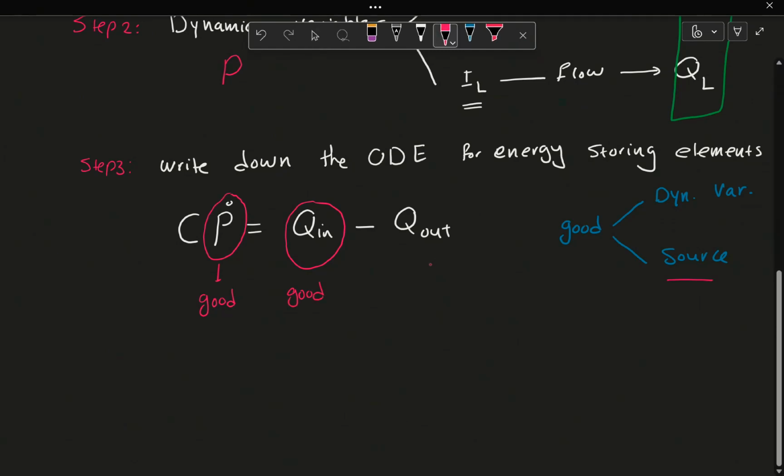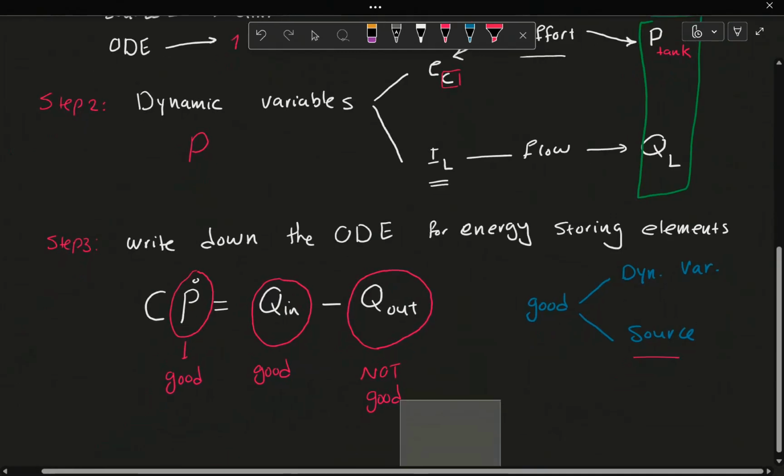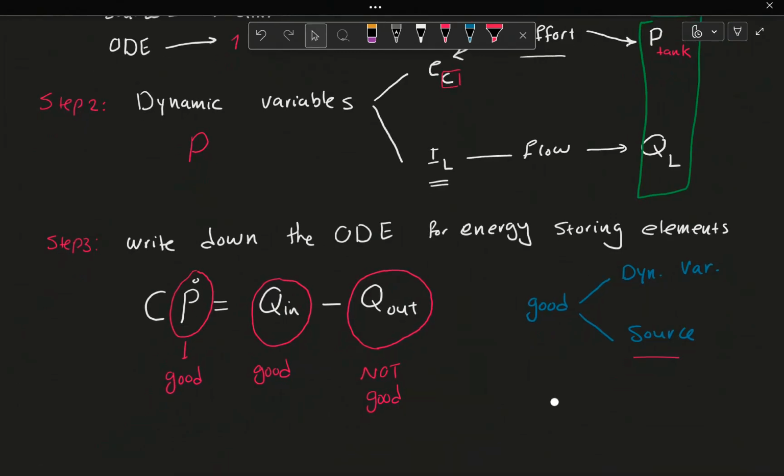And at last, I'm going to go to Q out. You see that Q out is not your dynamic variable, it's not your input, it's not a good term. Which means that my job is rewriting Q out, which is not a good term, in terms of my good terms in step 4.